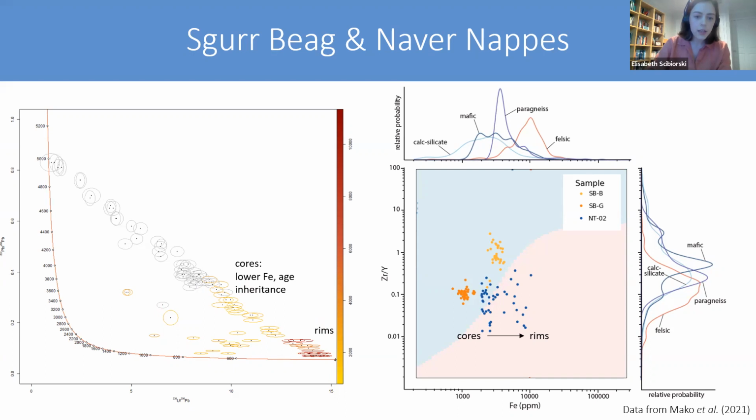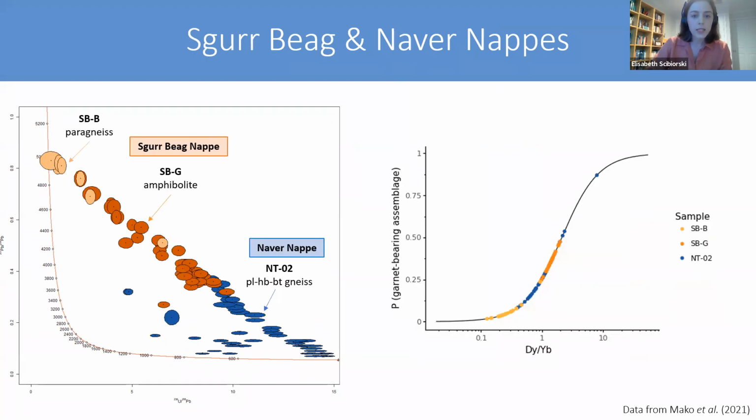And so here, it's possible that the changing iron content actually represents growth in a changing metamorphic assemblage. But as far as we can see from the logistic regression for the garnet signature in titanite, most titanites from these samples probably crystallized in garnet-free assemblages, which again makes sense because there's no garnet described for any of the 3 samples.